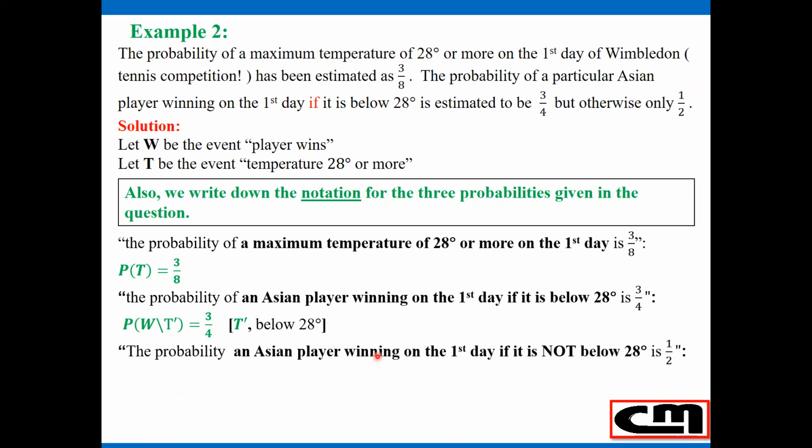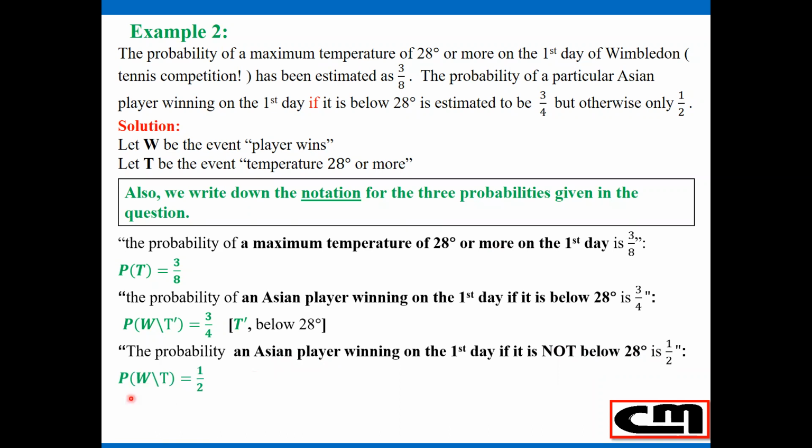Okay, then the probability of an Asian player winning on the first day, if it is not below 28 degrees. Not below 28 degrees, right? It's simply referring to 28 degrees or more. That is what it means, right? This is why I put the "not below", so that you know the keywords and their meaning in the problem.